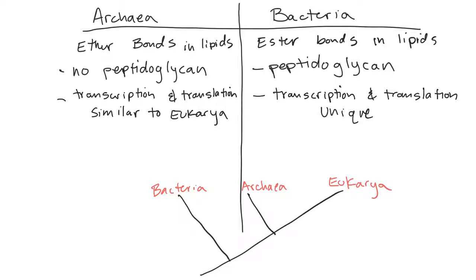If we were going to write the character for transcription and translation, where would you draw it in our universal phylogeny? All right, so we draw it right down here. So this indicates a common ancestor between those two. Not that both of them go through transcription and translation, but the process is unique.